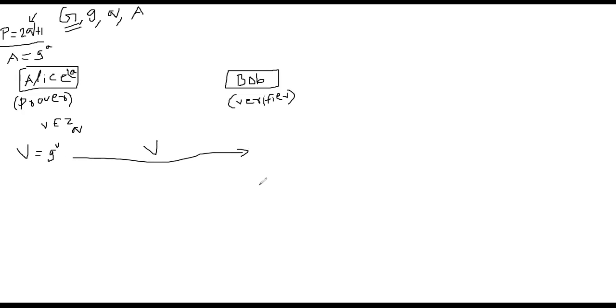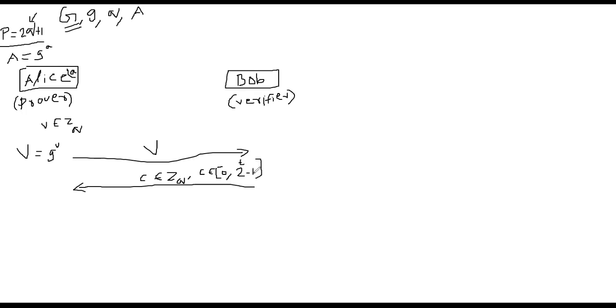Bob will actually generate another random number C. Okay, C is, you can imagine, as a challenge. C is a number belonging to the group ZQ, meaning a number between 0 through Q minus 1, or it can be only 2 power T minus 1.